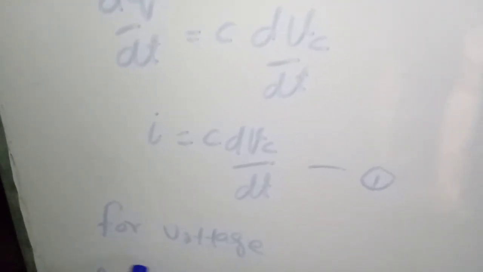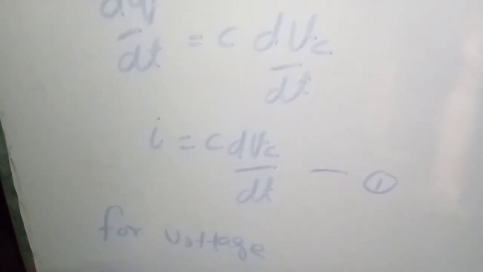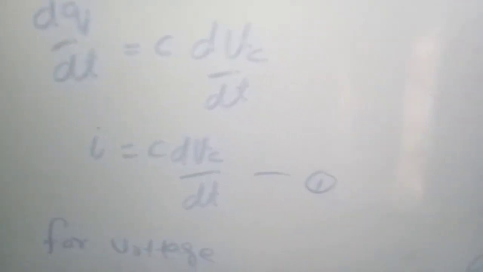So dVc is a differential of Vc. I take the integral on both sides. Since 1 upon C is a constant, it comes out of the integral. So the integral of dVc is the total Vc across the capacitor, and 1 upon C times the integral of i dt, where i is the current in the capacitor. So voltage can be found with the help of this equation: Vc equals 1 upon C integral of i dt.